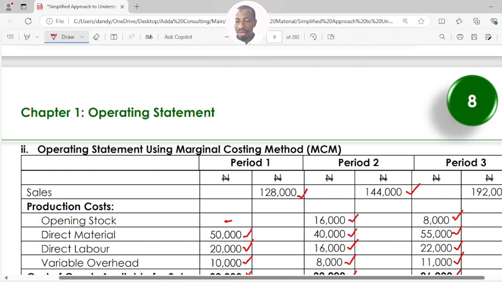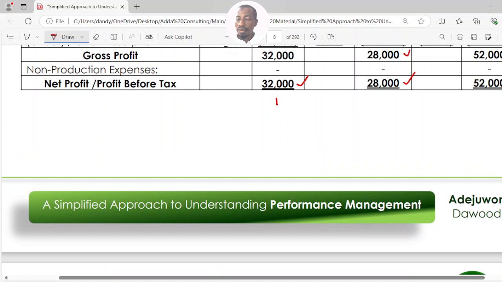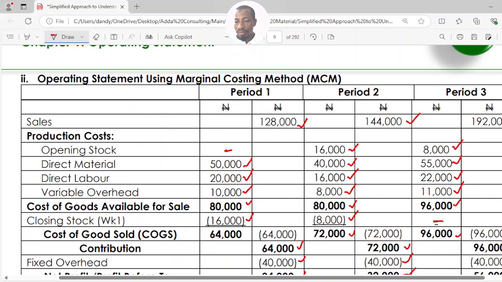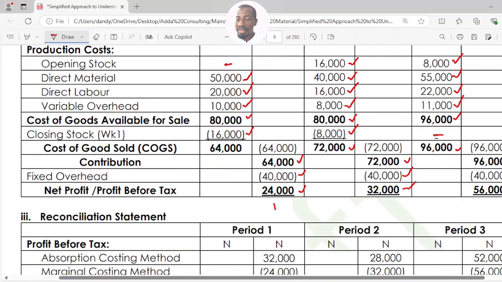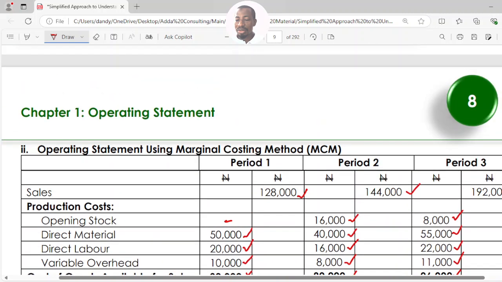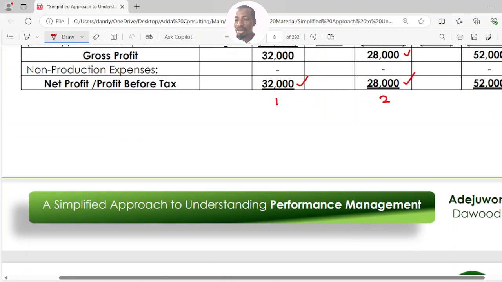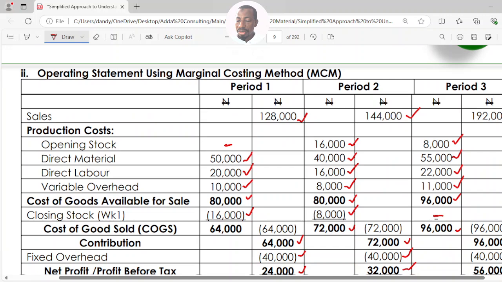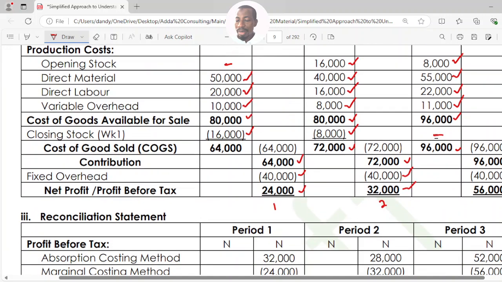In the second period, the profit for absorption is 28, and for marginal, profit is 32. That's a difference of 4,000. In the third period, profit for absorption is 52,000 and for marginal is 56,000. So that's a difference of 4,000 as well.